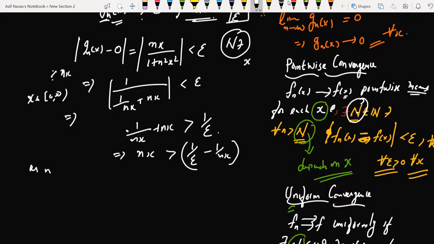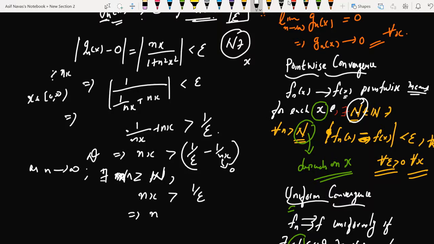As n tends to very large, this goes to 0, which implies there exists a capital N such that for small n greater than or equal to capital N, nx is greater than 1 by epsilon, which implies n is greater than 1 by epsilon times 1 by x.